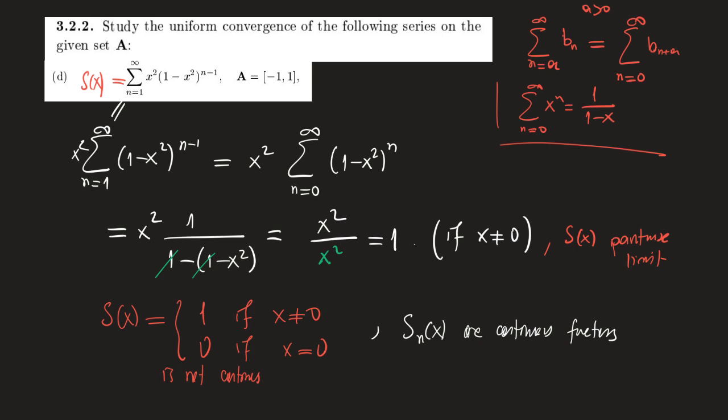So it cannot happen, right? By a theorem, if your sequence of functions are continuous, and if it is uniformly convergent, then the pointwise limit, which is equal to the uniform limit function, should also be continuous. But in this case, it is not. So the convergence cannot be uniform.